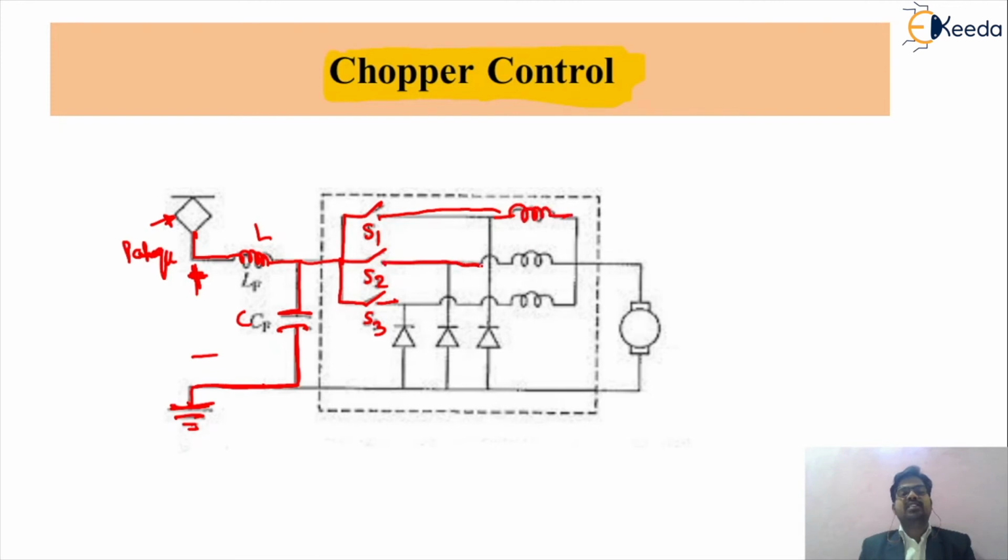These are the diodes, used for freewheeling of switch S1, switch S2 and switch S3. The purpose of these freewheeling diodes is that they freewheel the circulating current in that particular circuit.